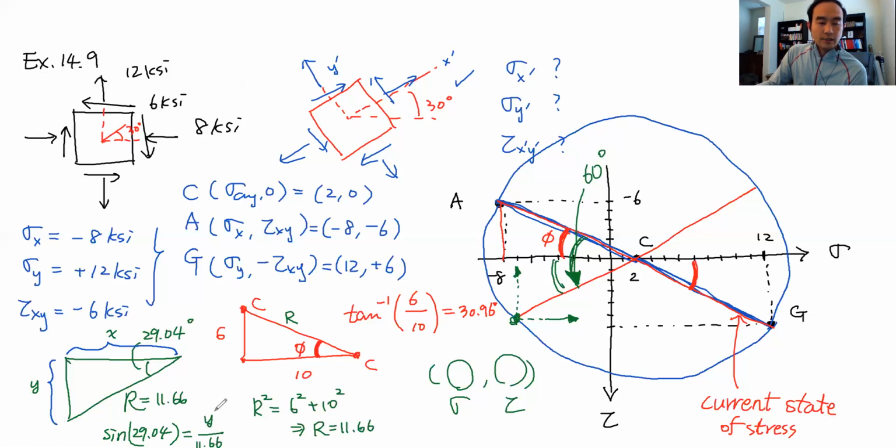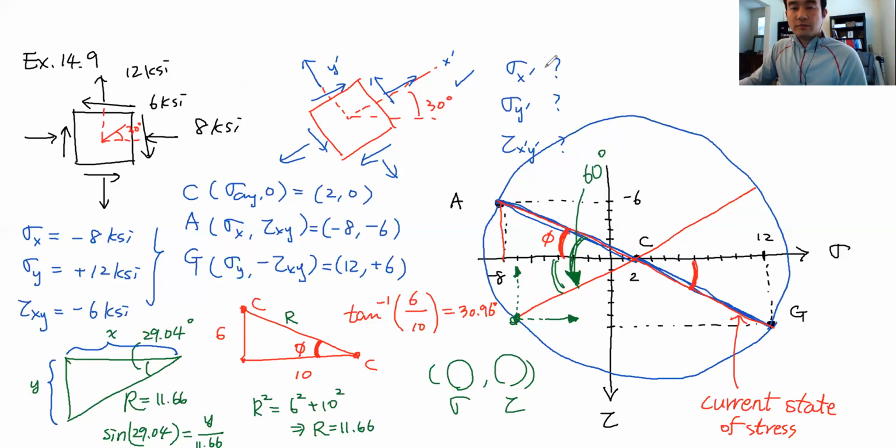So you can easily say this y is going to be 11.66 times sine of 29.04. Okay, and that y is going to be directly tau xy. What about the cosine equation? Cosine of 29.04 will be equal to x divided by 11.66. So you can find out this x and then substitute 2, then you will get the sigma value.